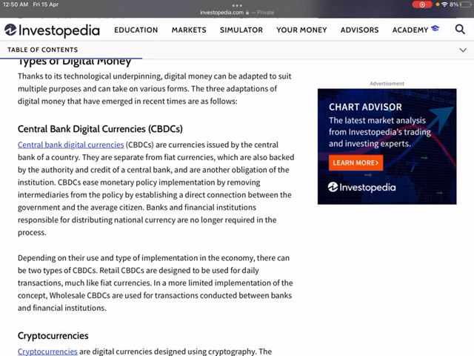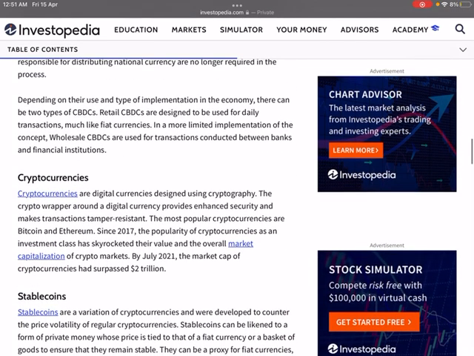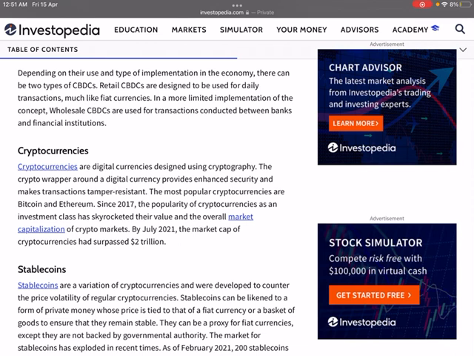Depending on their use and access, there are two types of CBDCs. Retail CBDCs are designed to be used for daily transactions, much like fiat currencies, in a more limited implementation of the concept. Wholesale CBDCs are used for transactions conducted between banks and financial institutions.